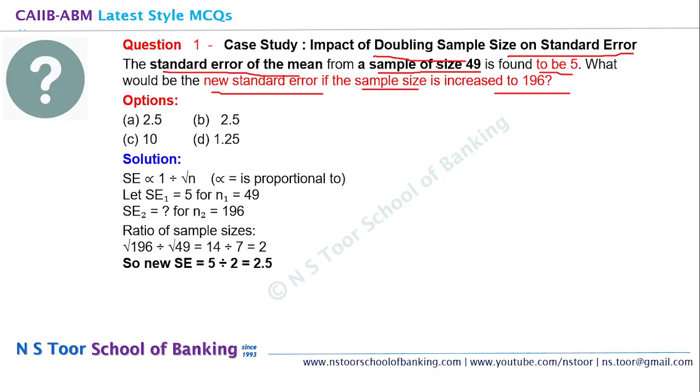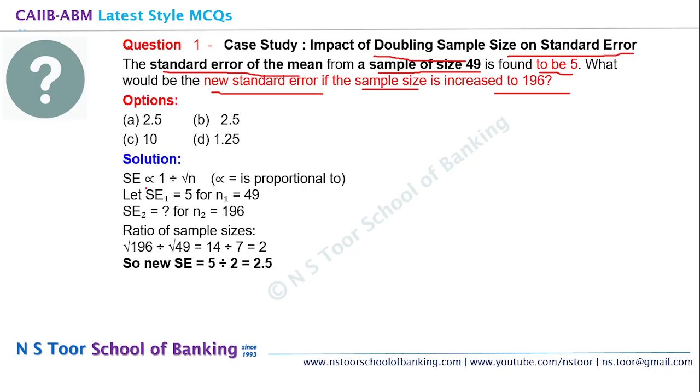Now the calculation is simple. When my sample size is 49, my standard error is 5. When my sample size is 196, what will be my new standard error? So we have to find out the proportion for that. What is the formula for this?